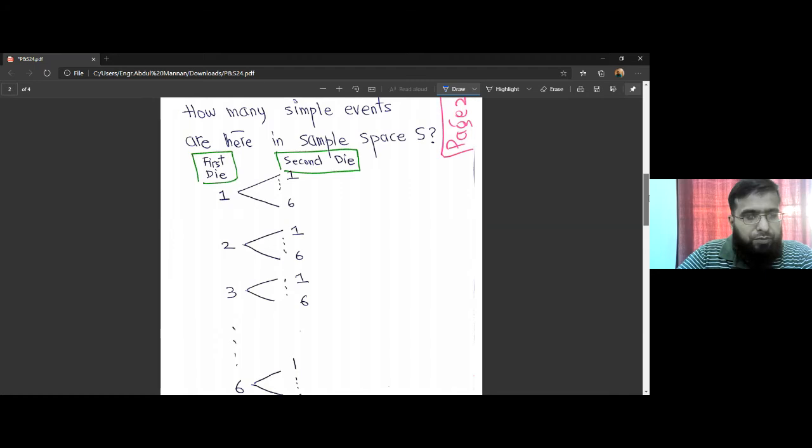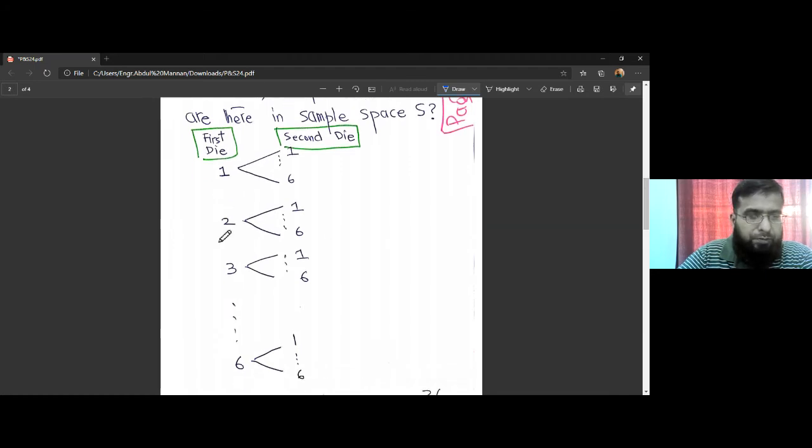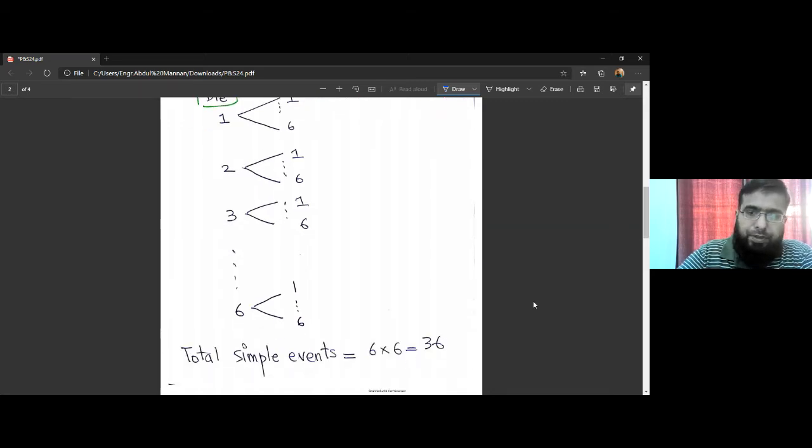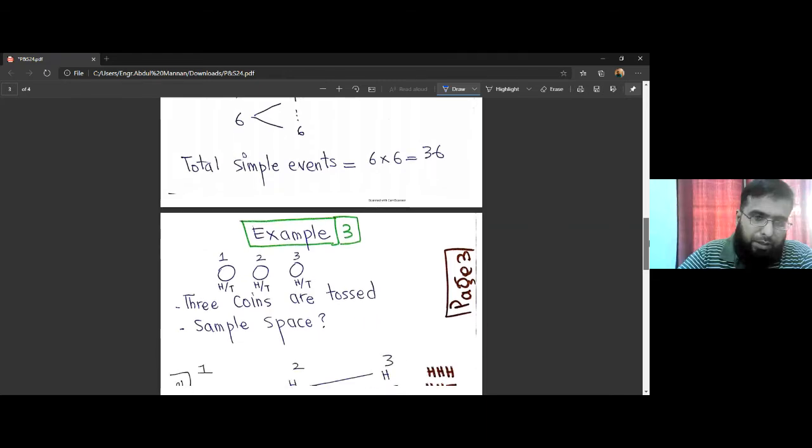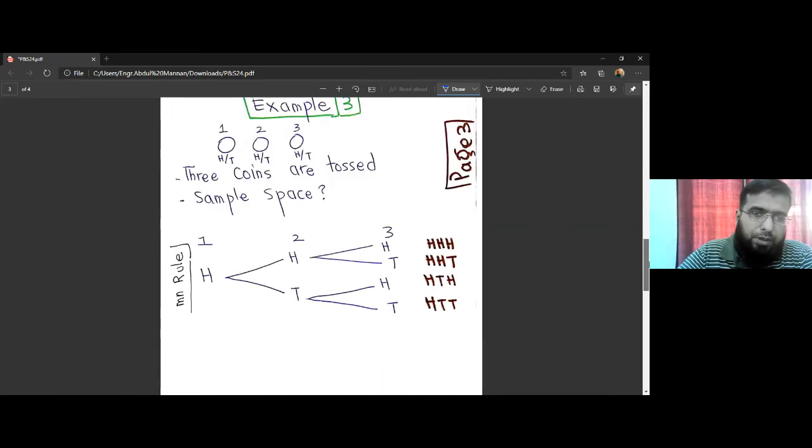On the first die we have 6 options, and for each option on die 1 we have 6 options for die 2. So in total there are 6 times 6, 36 options. So we are studying the mn counting rule.